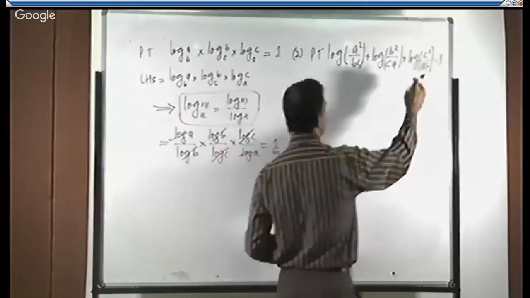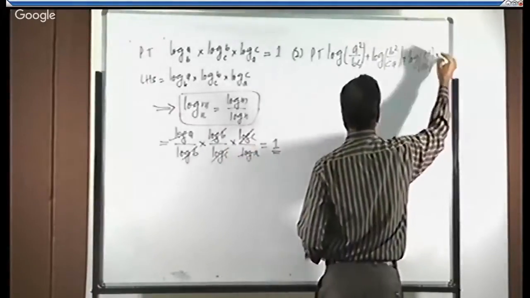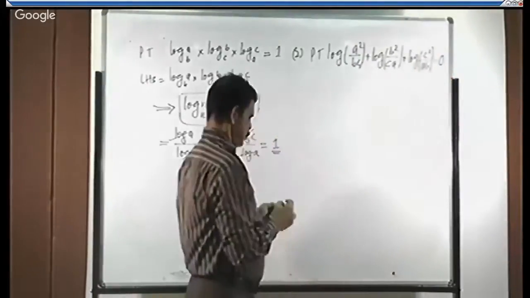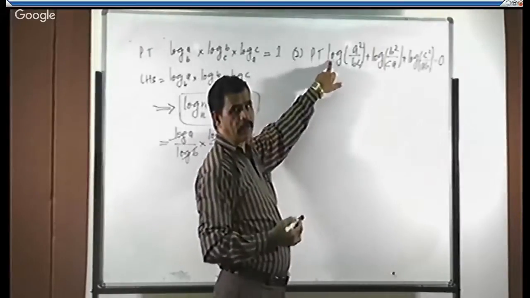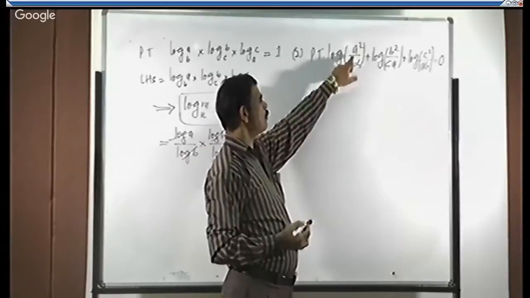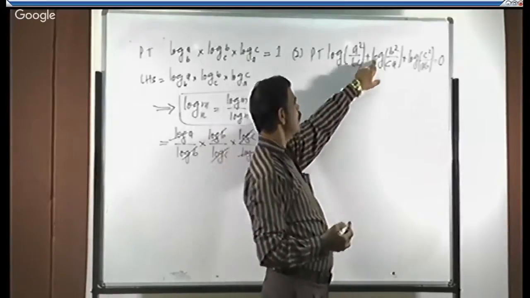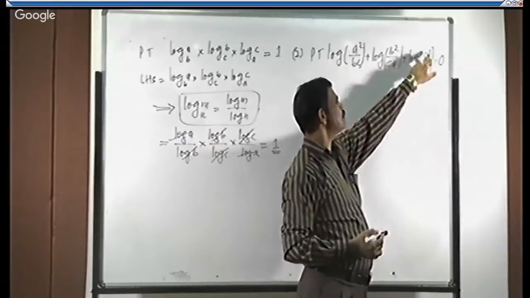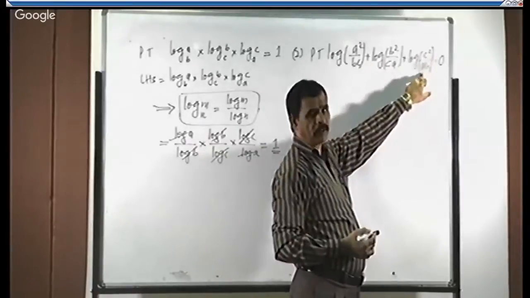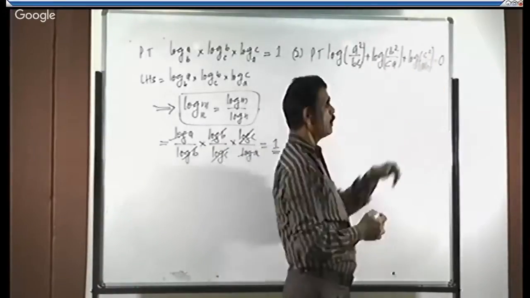Sorry, 0. The problem is we need to prove that log of a square divided by bc plus log of b square divided by ca plus log of c square divided by ab should be equal to 0.